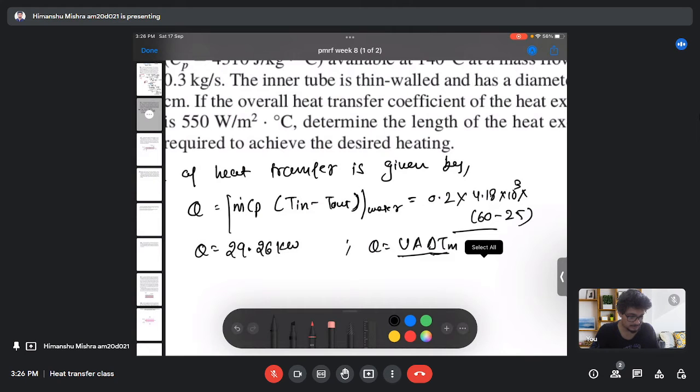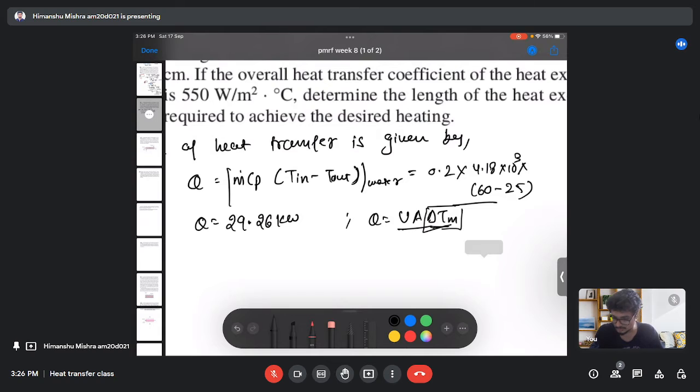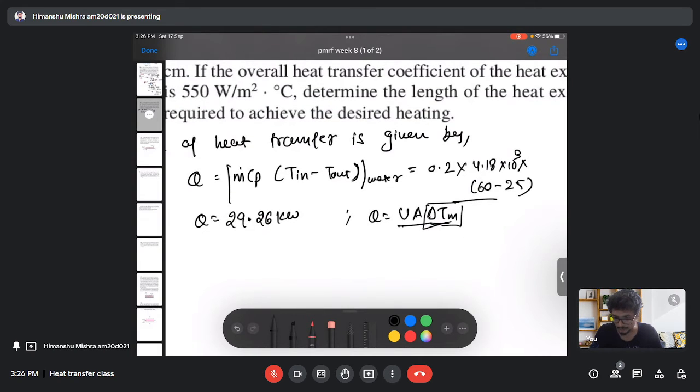To find this log mean temperature difference, we need to find the outlet temperature of the geothermal water. We are given the inlet temperature of the geothermal water, and the inlet and outlet temperatures of the normal water. So our next task is to find the outlet temperature of the geothermal water.